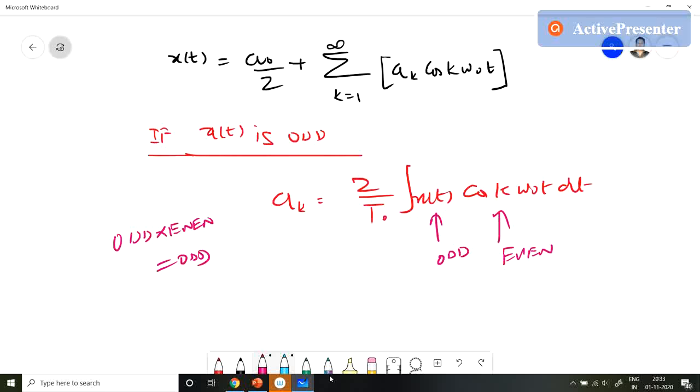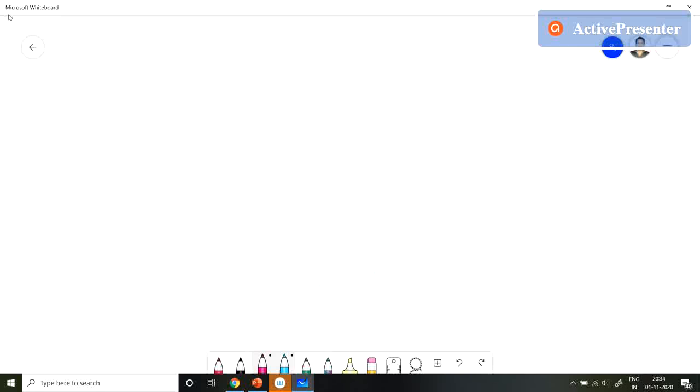Now if this is odd, then when we integrate across the interval, ak is equal to 0, and a naught is also equal to 0. If xt is an odd signal, then a naught also equals 0. So ak is equal to 0, and finally we get only bk.